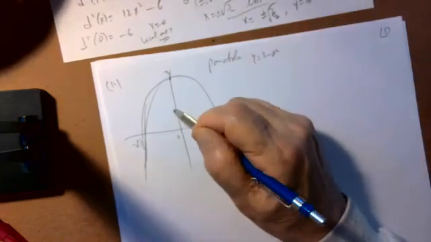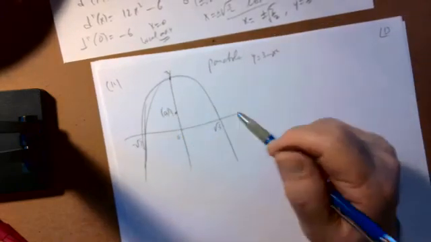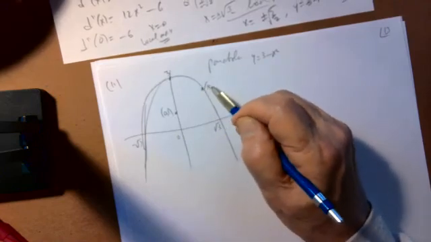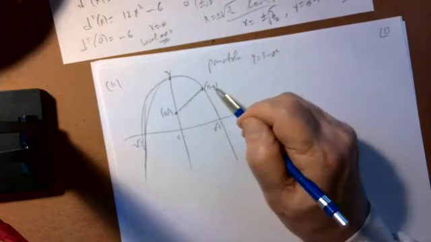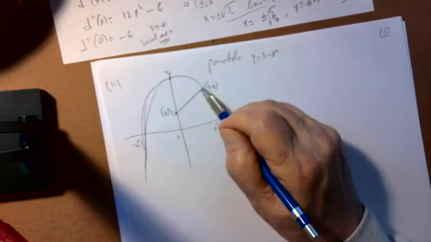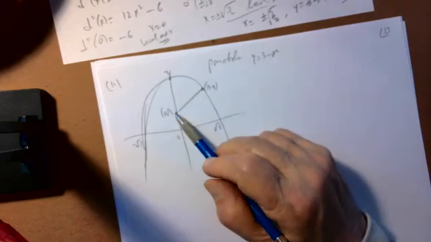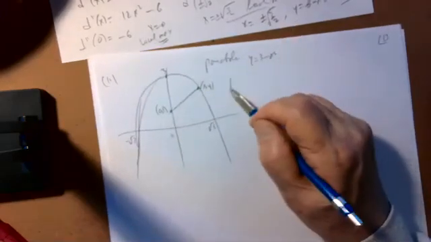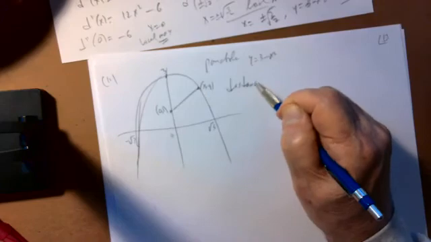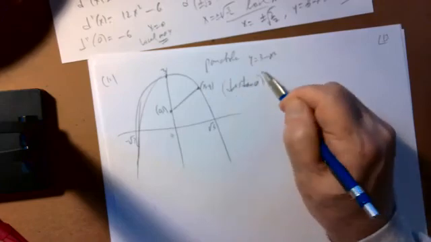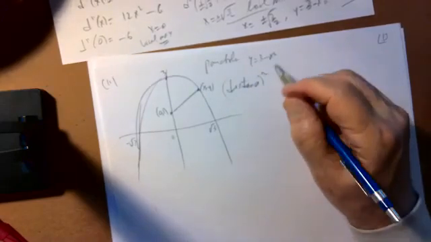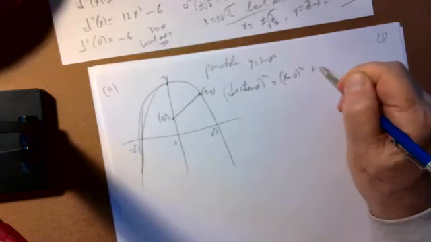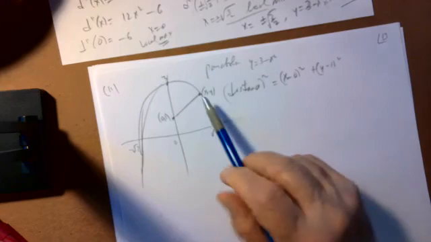And here we have the point (0, 1). And if we take a point on the parabola (x, y), I want to find (x, y) so that the distance from (x, y) to (0, 1) is as small as possible. So you get this distance. In fact, I'll just take the distance squared so I can get rid of the square root. This is (x minus 0) squared plus (y minus 1) squared, right?